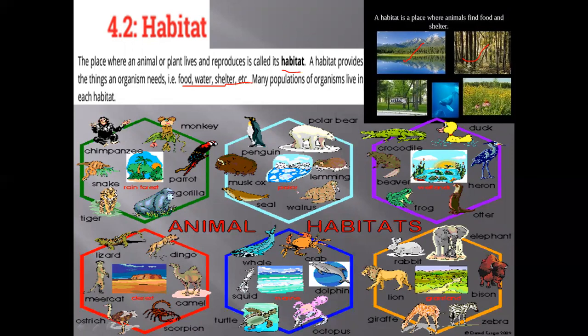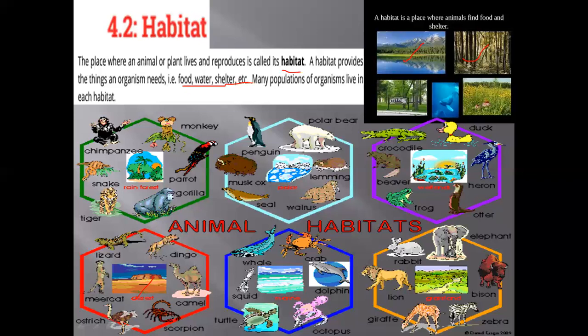Not one kind of animal lives there, but lots of populations live over there. Here is wetland, that is near the water, and every time it is wet, so lots of animals live over there. If you see desert, in desert not only one kind of animal is living, but different kinds of animals and different populations live over there.